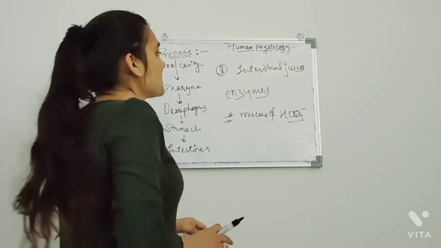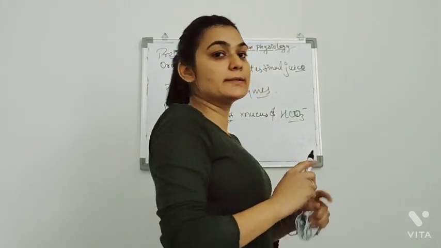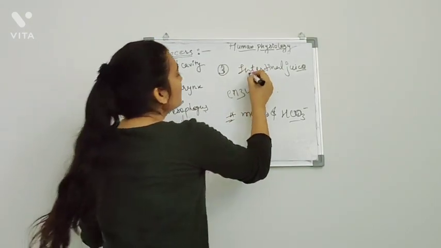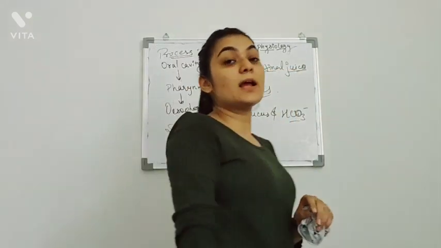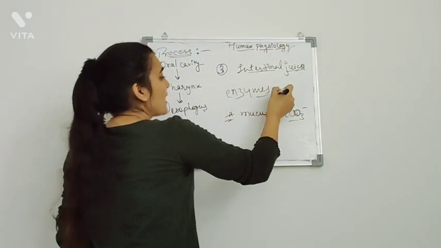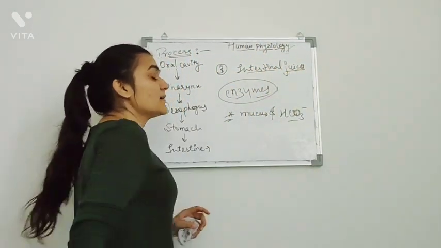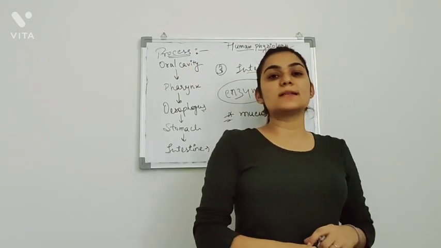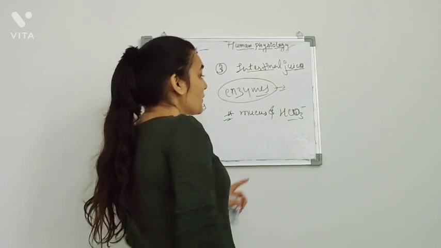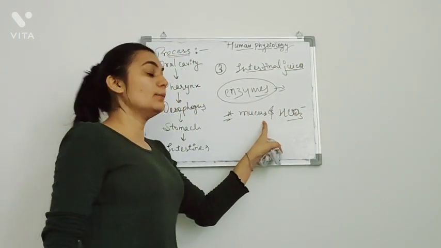Now in the intestine we are discussing three things: first the pancreatic juice, second the bile, and third the intestinal juices. Intestinal juice is also known as succus entericus. The succus entericus has enzymes such as maltase, nuclease, lipase, and other disaccharidase enzymes.